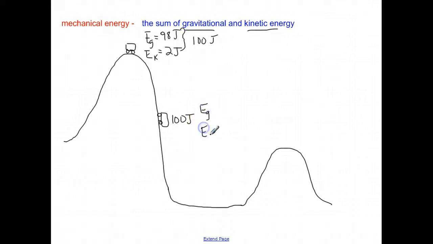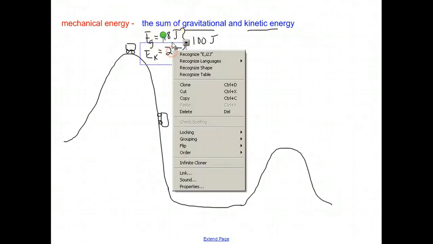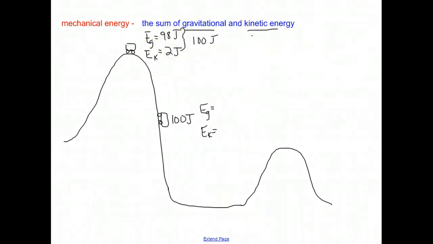So around here, all of the gravitational potential energy that you had is being transferred or converted into kinetic energy. And so what that looks like, let's just say we have about 50-50. If we have 50 joules of kinetic energy now halfway down the hill, and we had a total of 100 to start, it means that there's 50 over here.